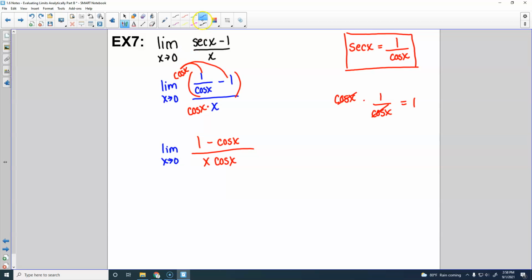Because when we distribute right here, we're doing cosine x times 1 over cosine x, and the cosines will cancel, just leaving that 1 from the numerator. And then I will do cosine x times the negative 1, so cosine x times negative 1 is going to give you negative cosine x. Okay.